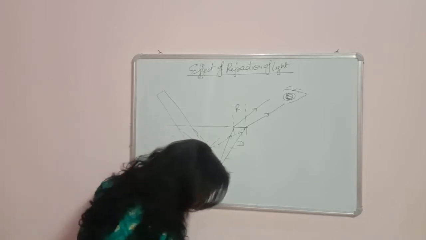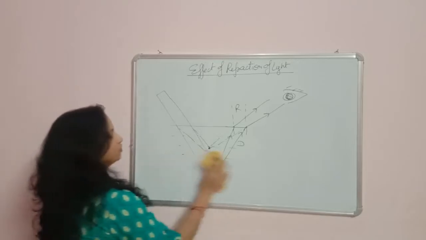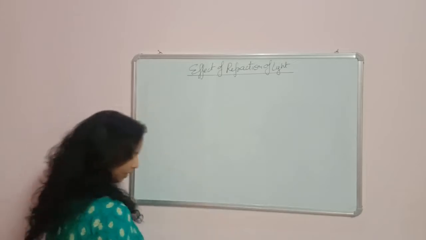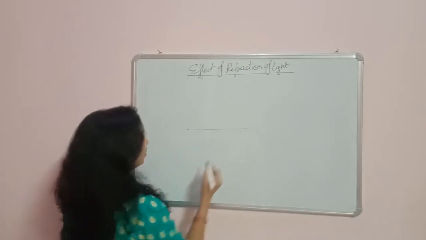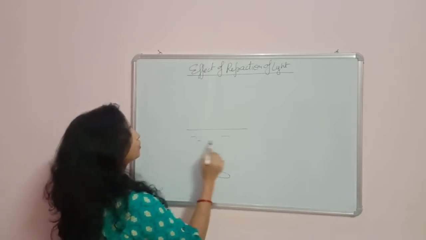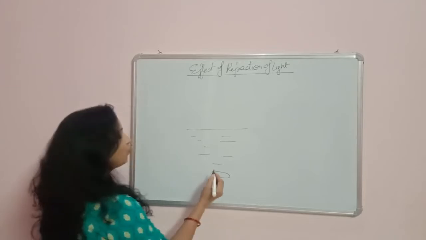Now another effect is that an object placed under water appears to be raised. If we place an object in the water, it appears to be raised. Like we are placing a coin deep in the water. Suppose you can say that this is a stone in deep water. Now what will happen?